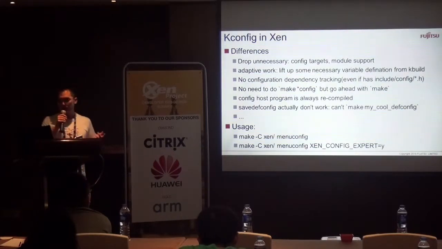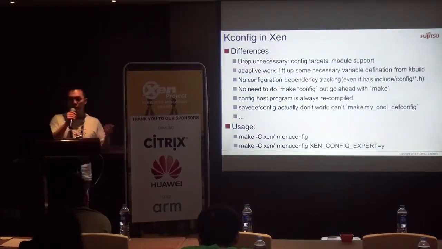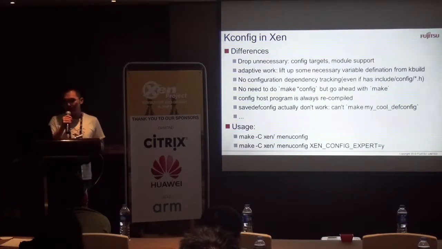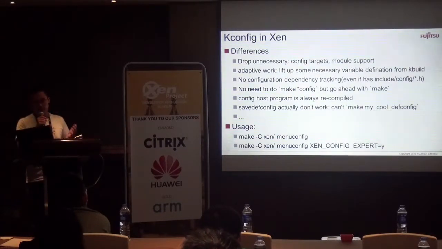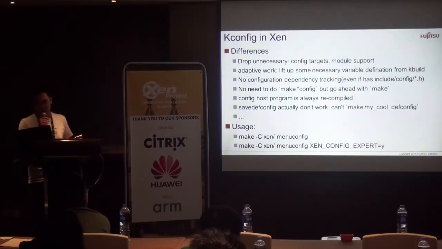It drops some unnecessary things like config targets and module support, as you know Linux supports modules. And it needs some adaptive work, like lifting some necessary variables from Kbuild to support the Kconfig work process.